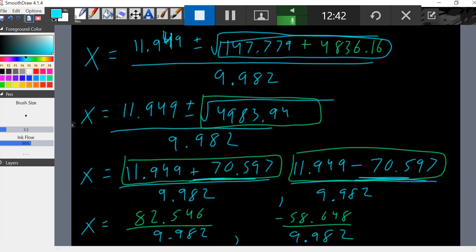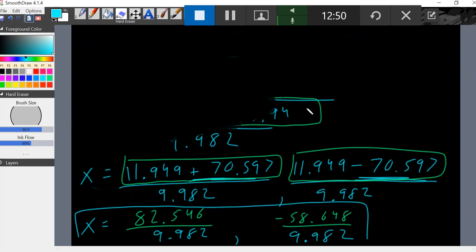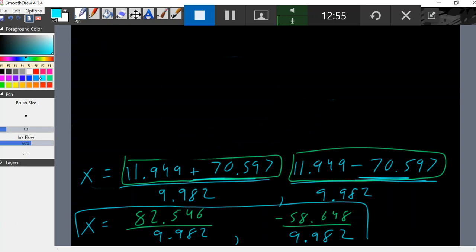Now, the very last thing we have to do is we have to divide those. So as you were writing all this down, let me just kind of erase everything up here at the top, and let's go ahead and finish this problem off. So we're going to say, okay, well, x is equal to, and if I do this very first one, 82.546 divided by 9.982, well, I'm going to get this, 8.27.